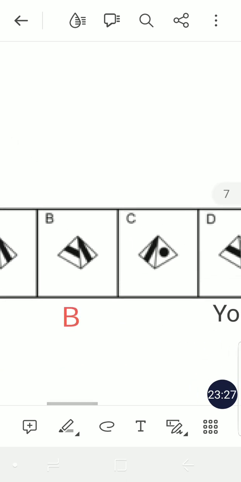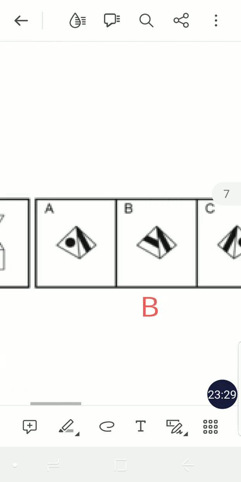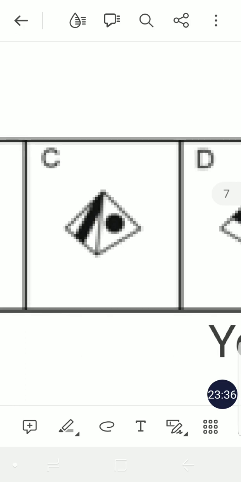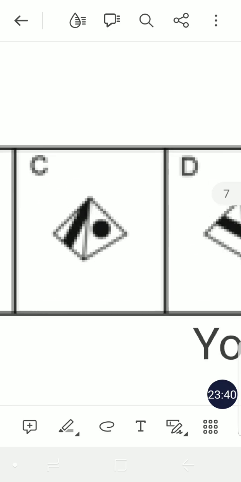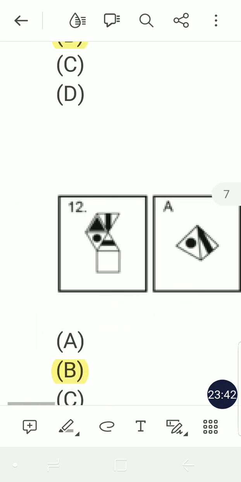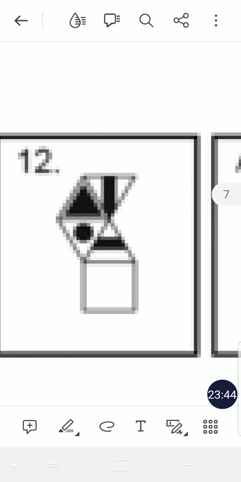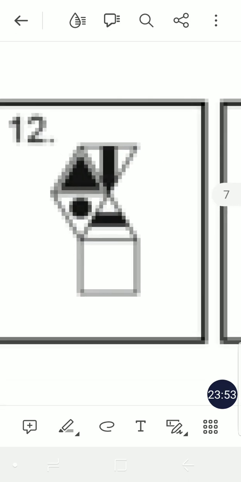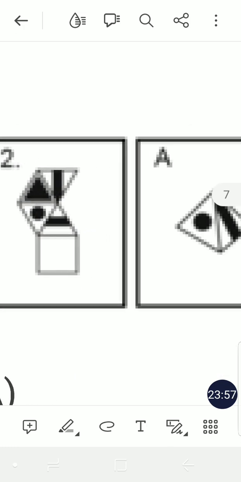Now for choice C, it's eliminated again, because the dot and the vertical line are beside each other, whereas here there's a gap between the horizontal line and the dot, and that gap is the shaded triangle in between them.